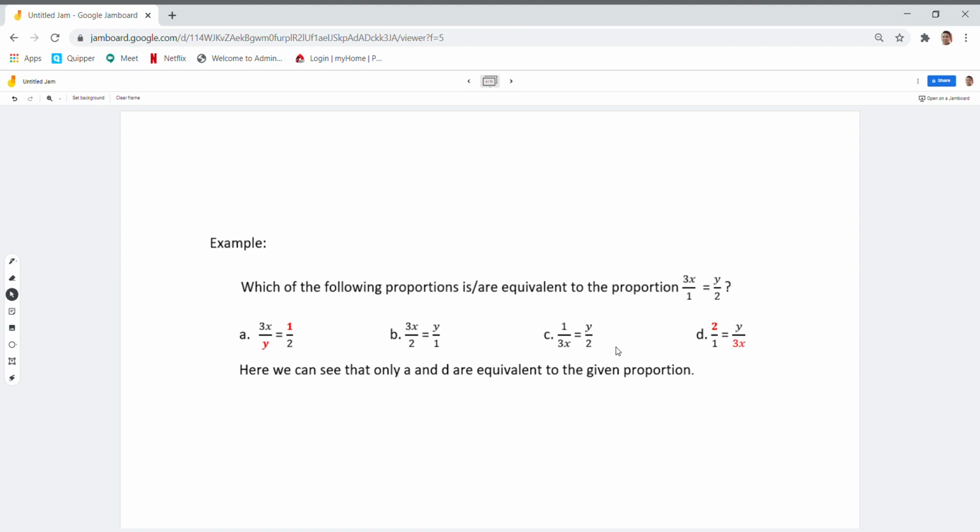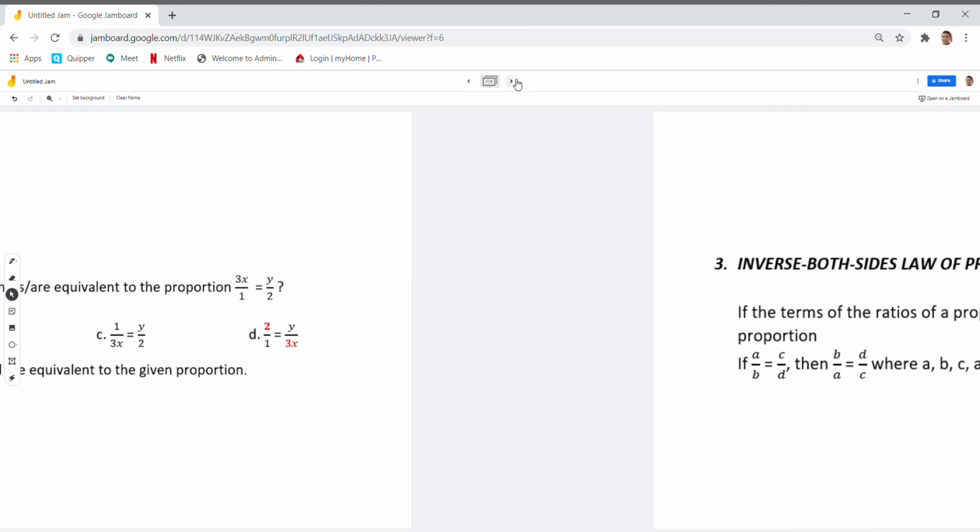So what about B and C? They are not. If you scrutinize it, it does not satisfy the law. This is the means switch extremes law, or just switching the means and switching the extremes.